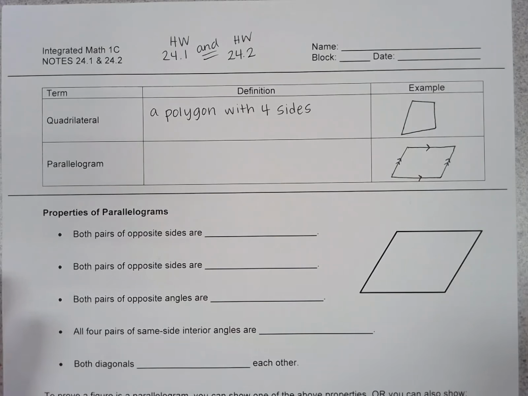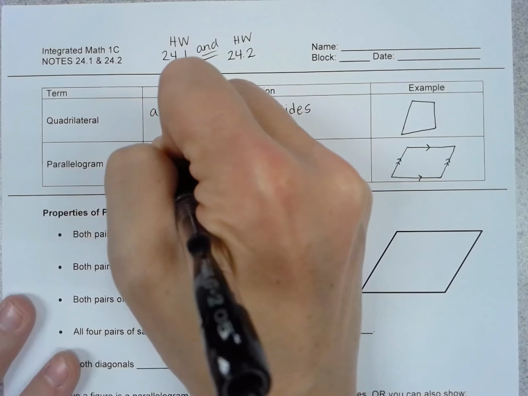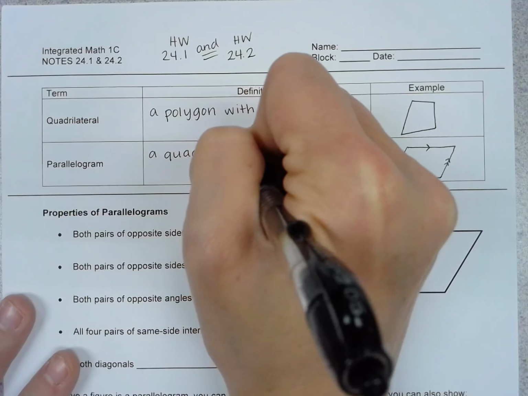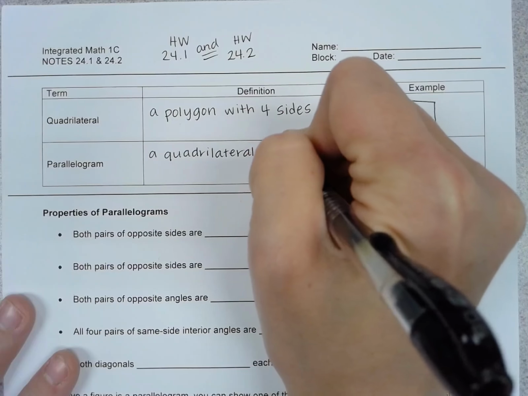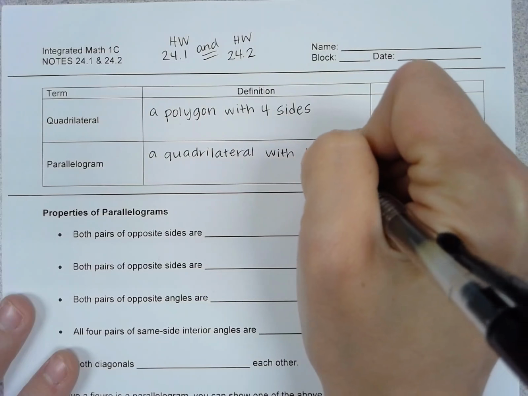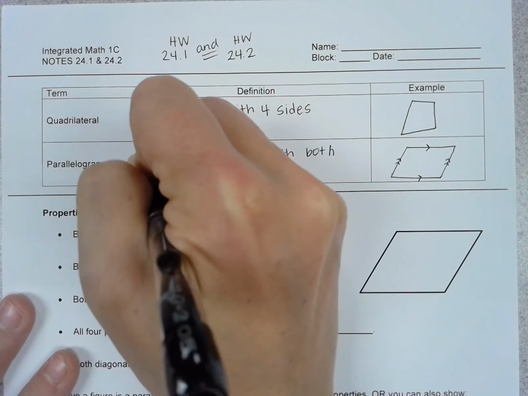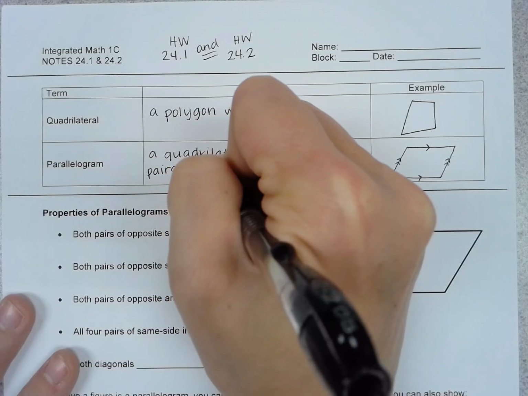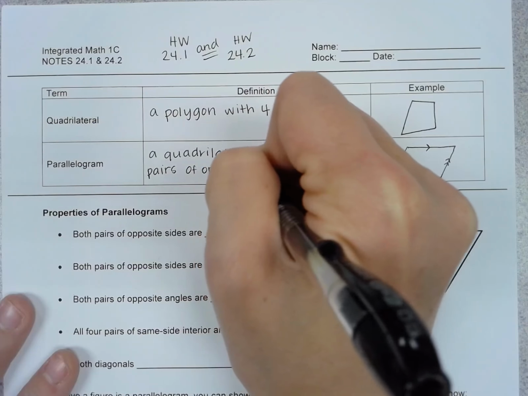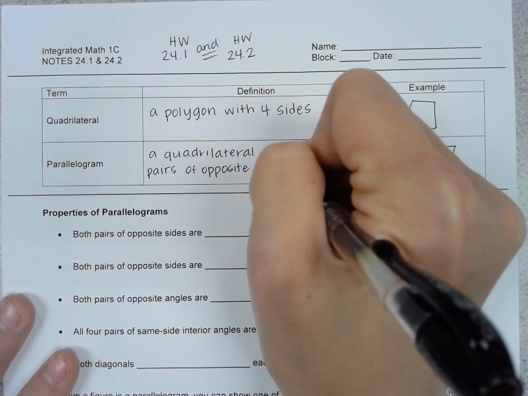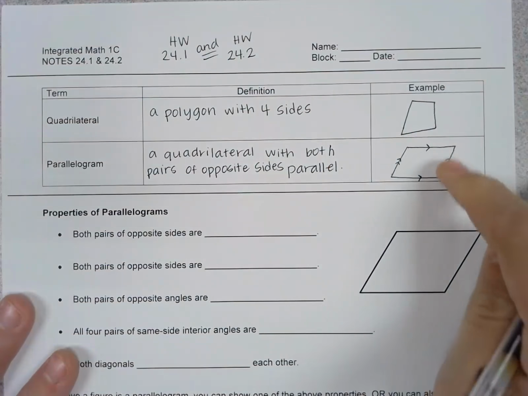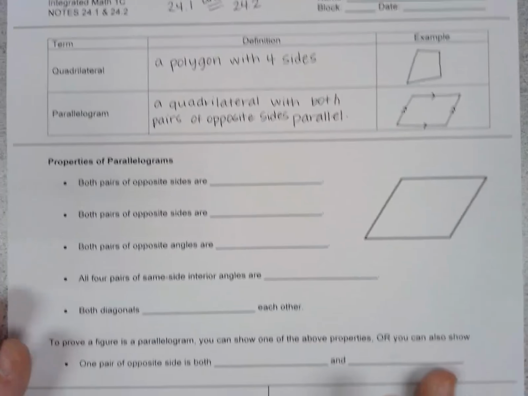The definition of a parallelogram is a quadrilateral with both pairs of opposite sides parallel. So these 2 sides are parallel and these 2 sides are parallel.